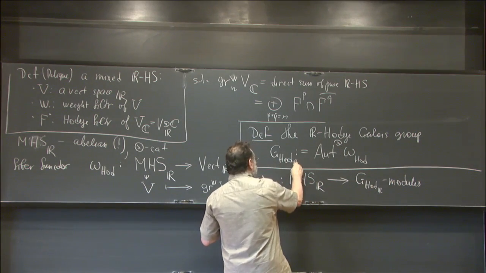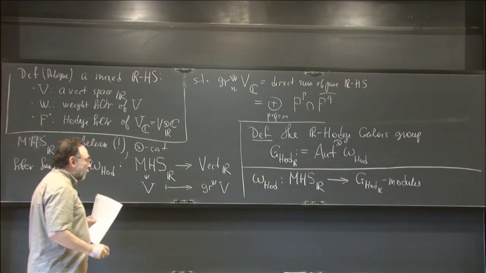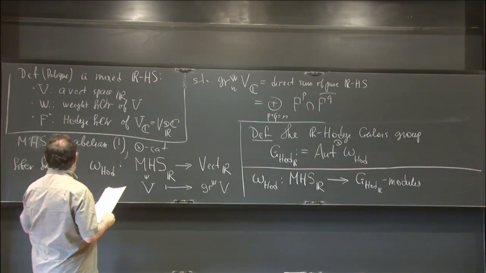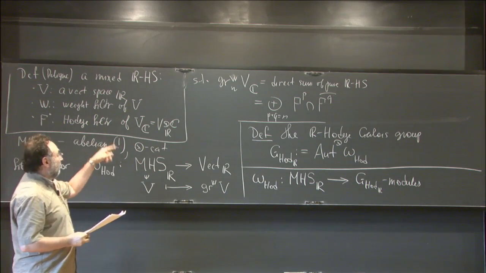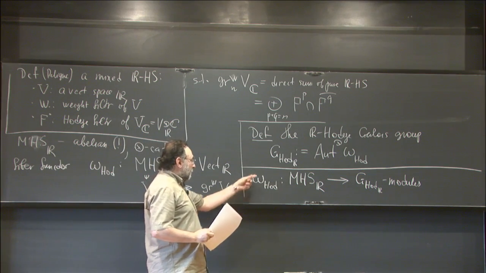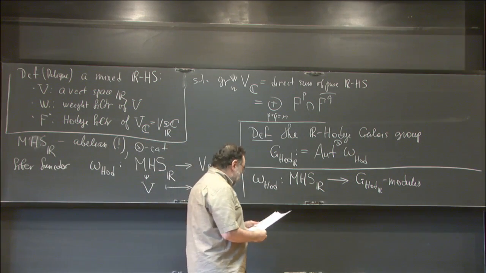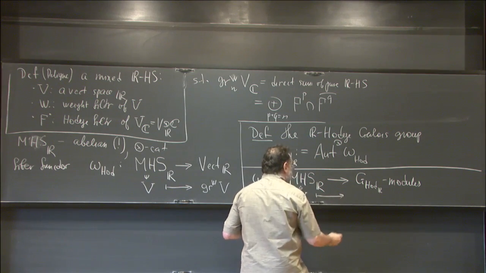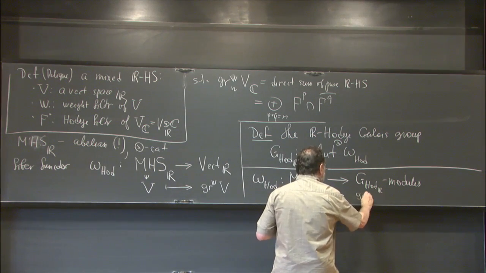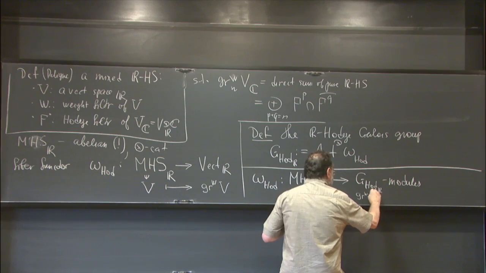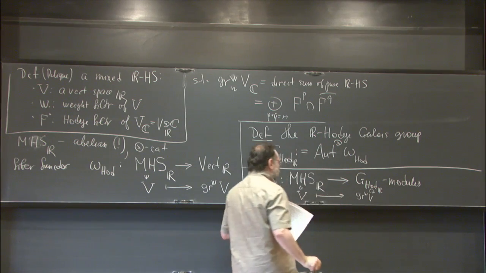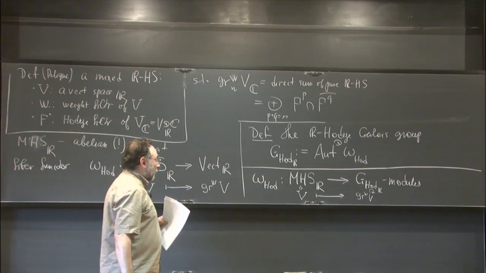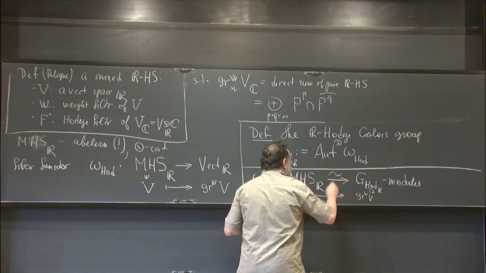I tend to forget this R here. I consider real Hodge structures, so I put R whenever I didn't forget it. So why is this so? Because we assign to this the value of this functor, but then this group acts on this guy, and so we get a G Hodge module. And this is a canonical equivalence of categories.